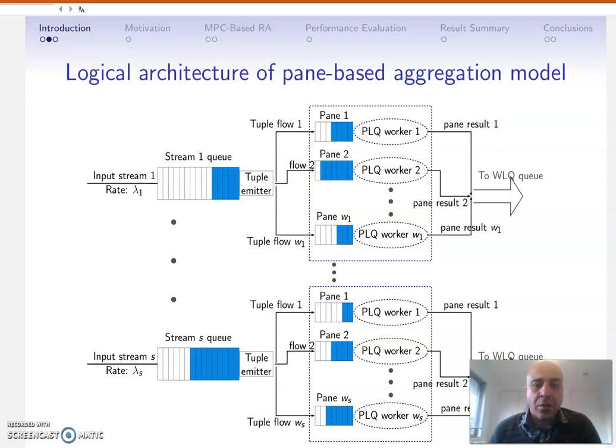Per application you have one buffer, and then there is a tuple emitter that sends data to each pane, and you can also measure the pane buffer per application. Then the pane results are gathered and aggregated, and go to the window-level query for further processing. The good thing is that we can measure the size of all of these queues, and this helps us to design the control.